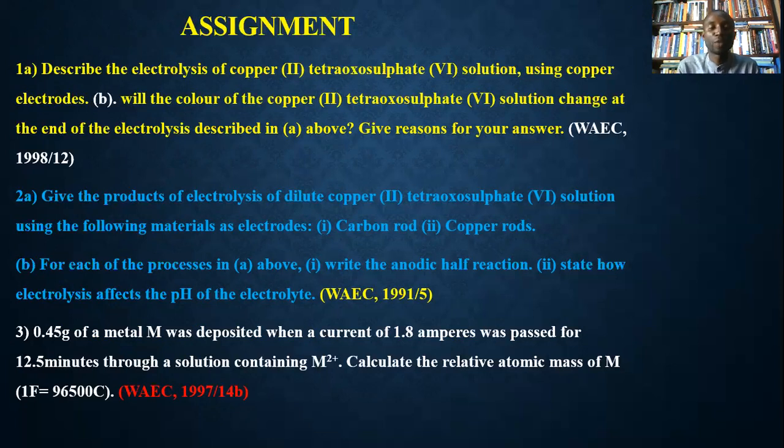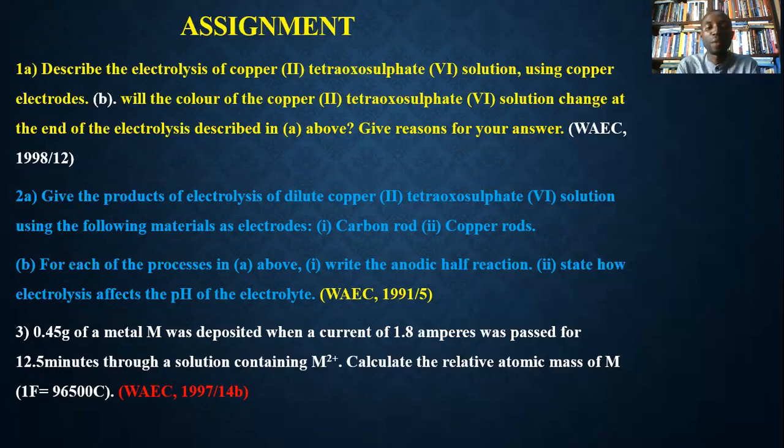Then part B said for each of the processes you describe in part A above, write the anodic half reaction. State how the electrolysis affects the pH of the electrolyte. That is 1991, number 5 question.